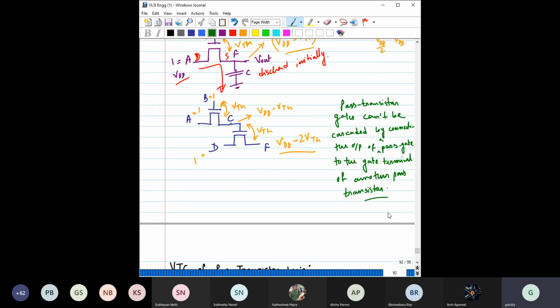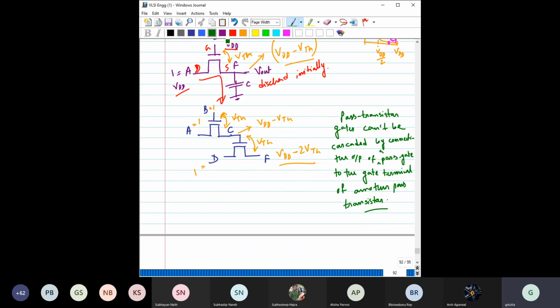However, this issue is not going to be a prominent one if you cascade this logic like this. Say you have A here, B here, then C here, and all of them are 1. Then the voltage that you will get here is only one threshold voltage below.